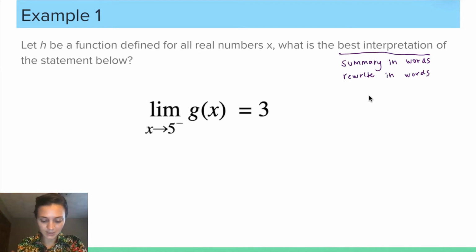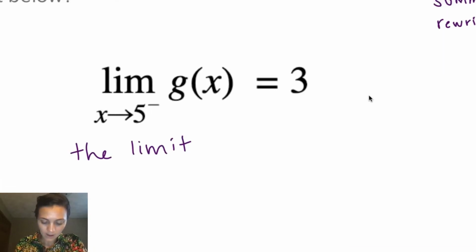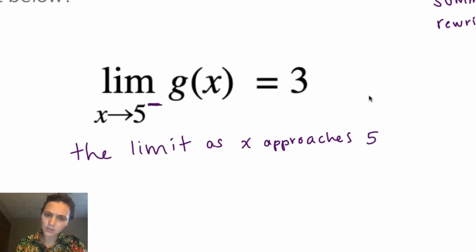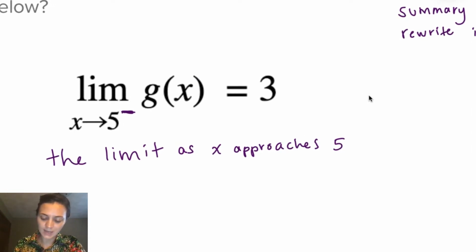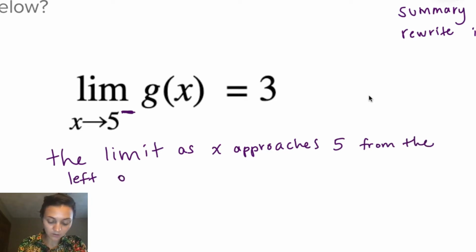So what this is saying, we're kind of translating this, is the limit as x approaches 5, and then this little minus sign there. That doesn't mean the limit as x approaches -5. That means the limit as x approaches 5 from the left of the function g.